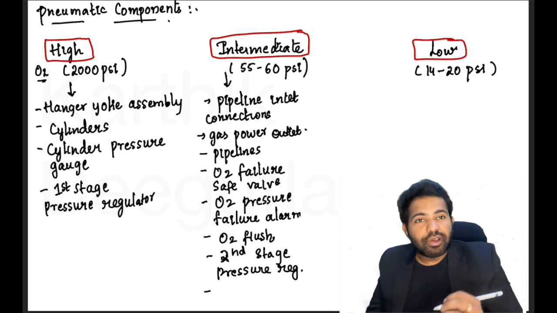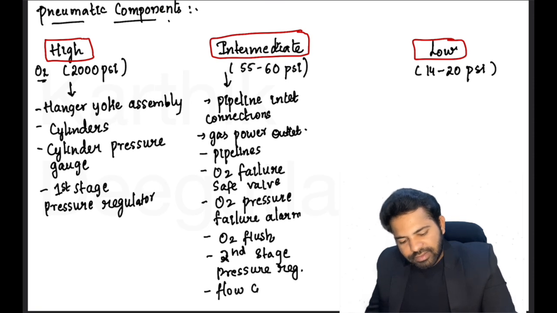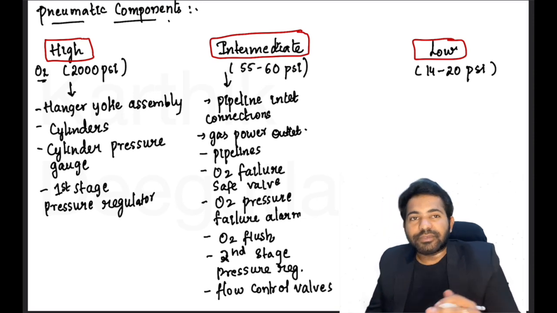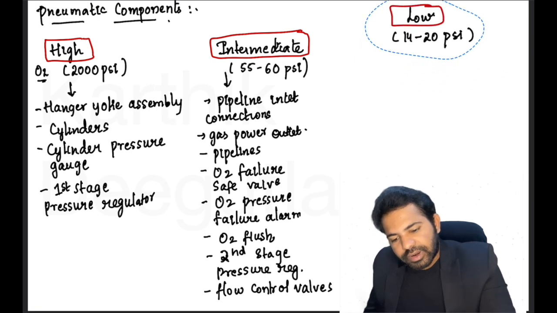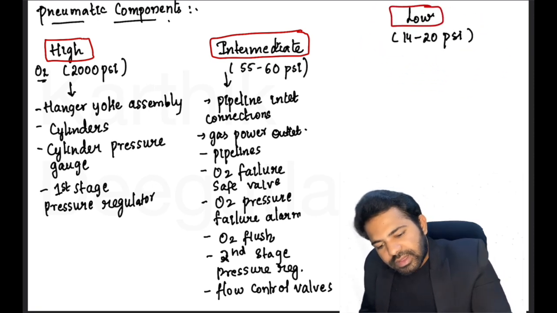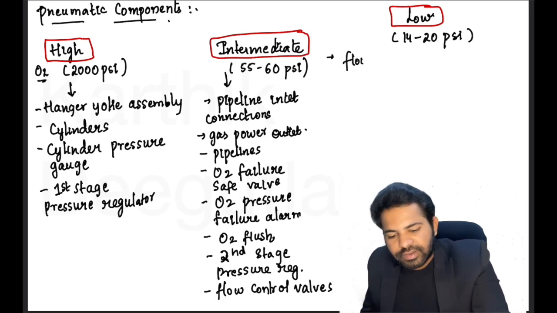Then we have something called flow control valves. They are also included in the intermediate pressure system. Then what comes under the low pressure system? The important components in the low pressure system are the flow meters. Then comes your vaporizers.